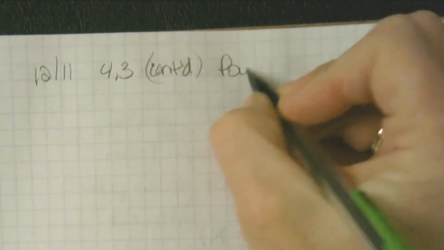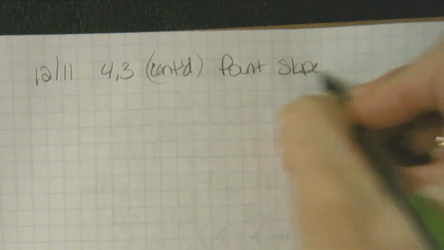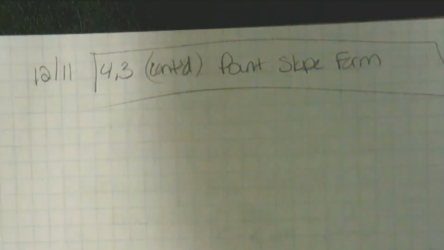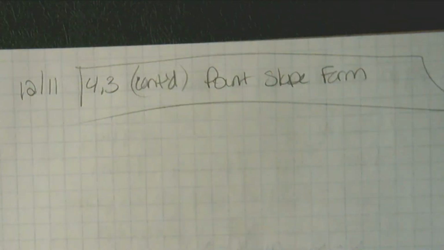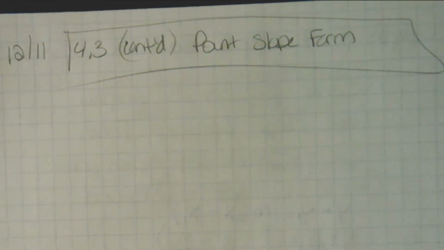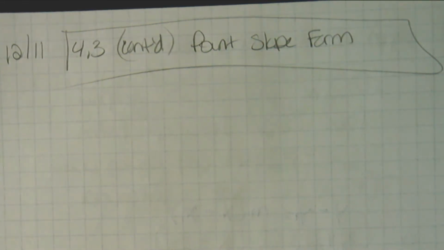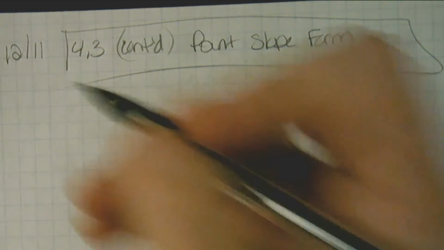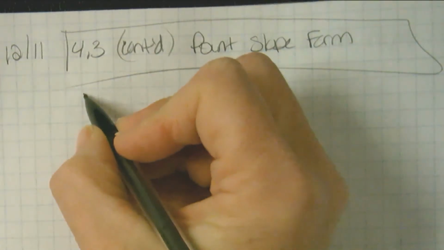So it's 4.3 continued. We're still talking about point slope form. So we talk about point slope story problems.